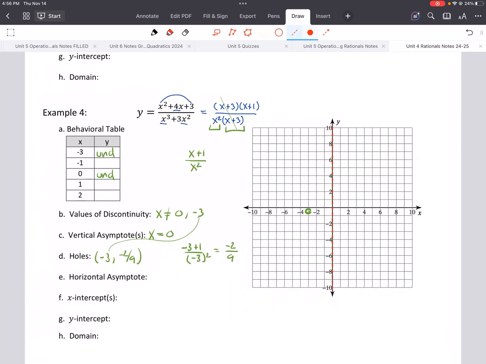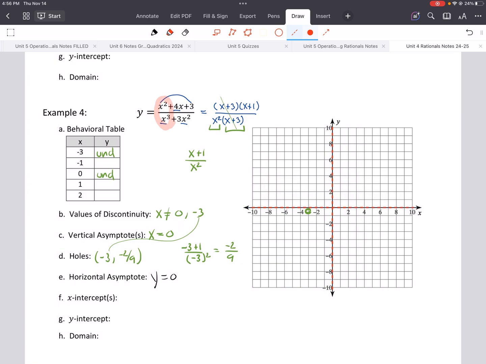Okay, horizontal asymptote, again, we're going to compare the degrees. Sometimes it's easier to look at it in standard form. So we have a degree of 2 on top and degree of 3 on bottom. So if the bottom's heavy, then it's always 0. So write that down, y equals 0, and we can sketch that.